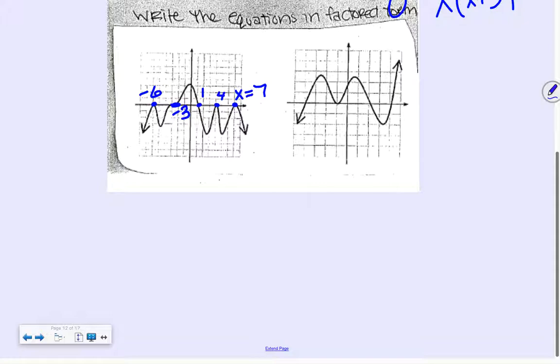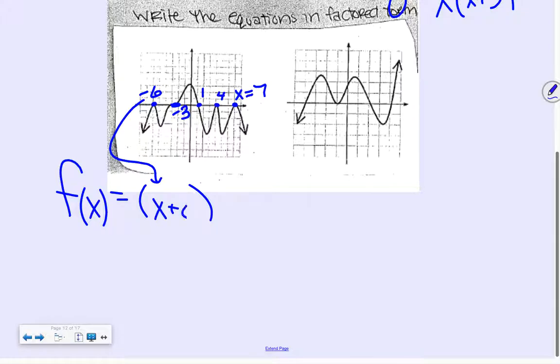You're supposed to write the equation in factored form. If I start with -6, what factor does that come from? X plus 6. Yep. Where does -3 come from? X plus 3.